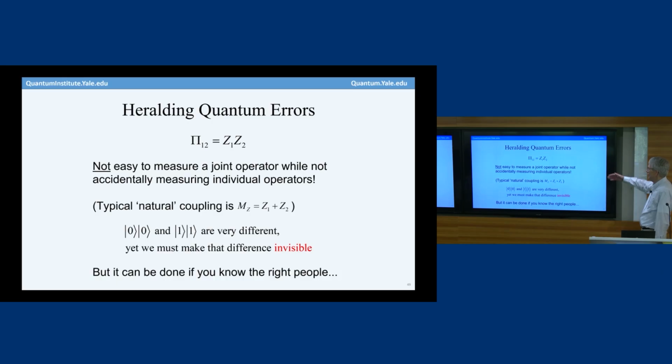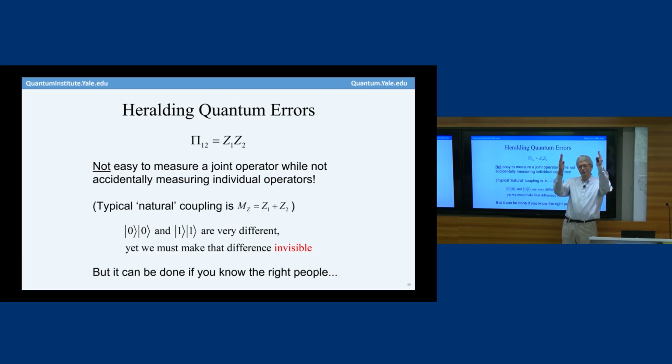So it's not so easy to measure this weight 2 operator, this product of two Pauli matrices. A more natural coupling would be that, like, these represent maybe nuclear spins or electron spins, and they couple to some external magnetic field by the sum, not the product. The states 0, 0, and 1, 1 are very different.